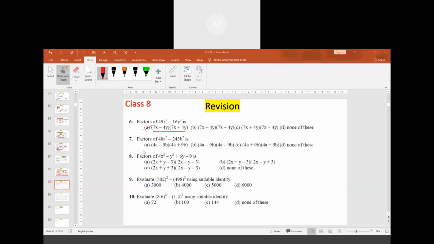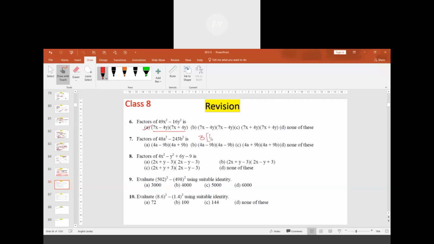Next one, it is not a square number, but by taking something common, we can make it a square number. What should be taken common? 6? This is not divisible by 6. So 3 can be taken as common.